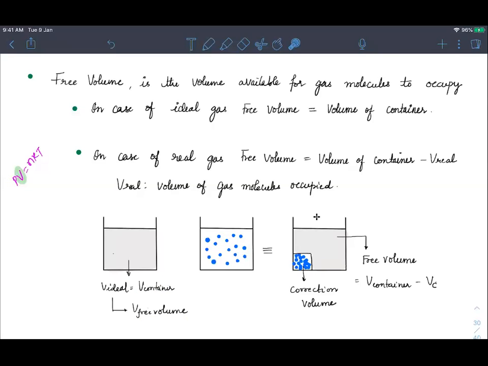But if the particle size is defined, and if I put all these particles at a particular corner, this much volume cannot be occupied by the other gas particles. Then this is the only volume available for the particles to move. So this is the free volume. Free volume would be container volume minus the volume correction. Okay, everyone? I guess all of you understood this point.